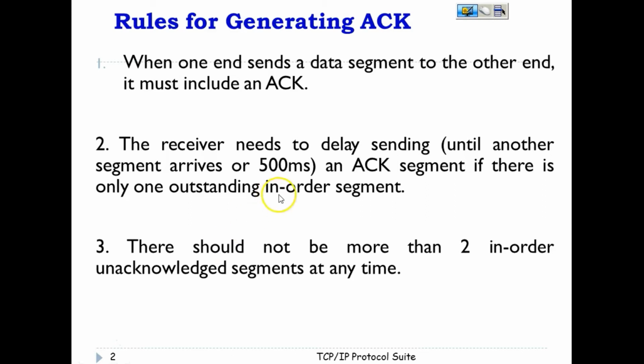As in the second rule, the receiver should wait for 500 milliseconds, but if before 500 milliseconds the receiver gets two packets, then it has to acknowledge immediately, and there is no need to wait for 500 milliseconds.